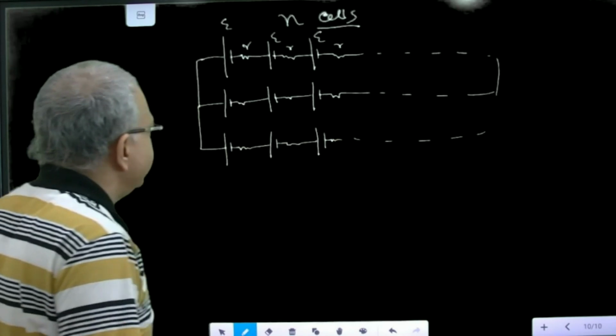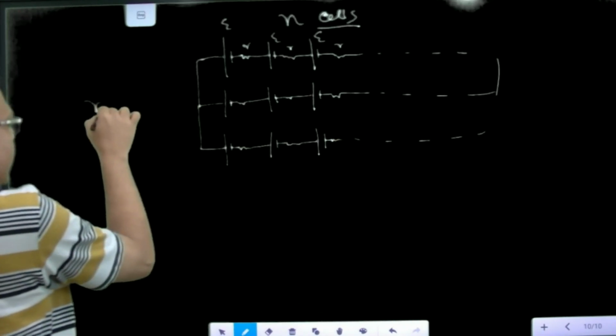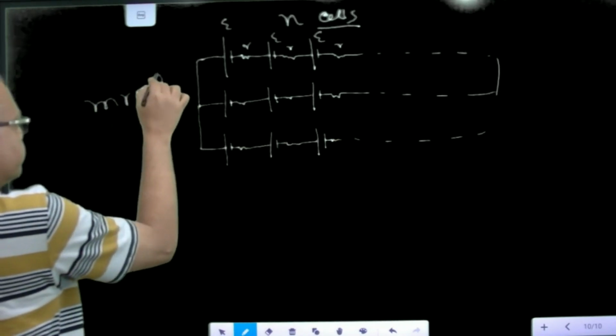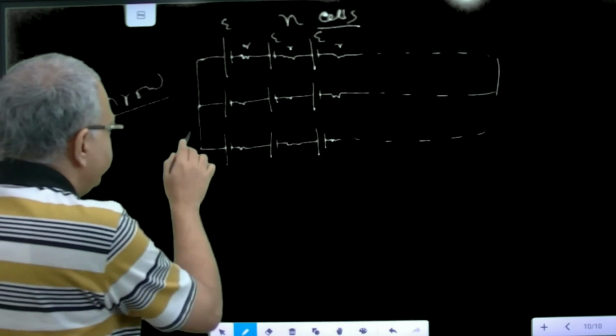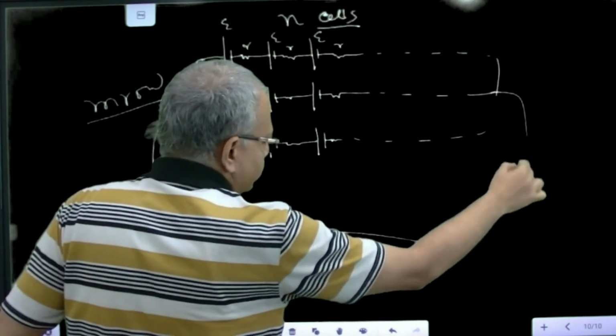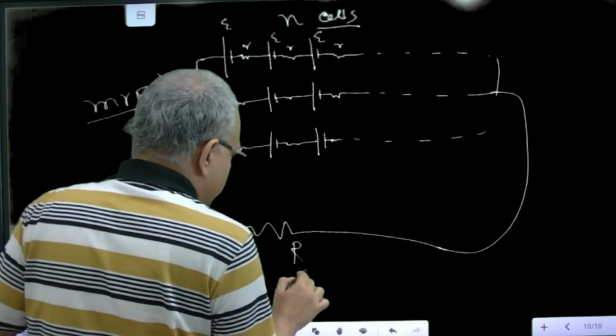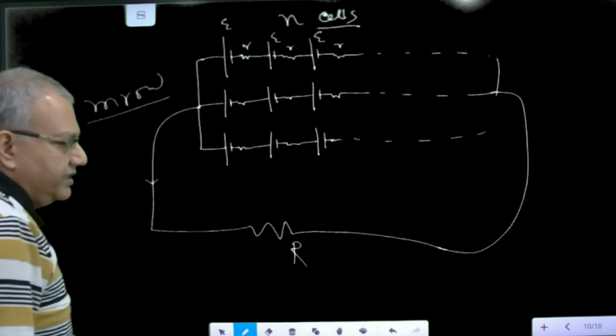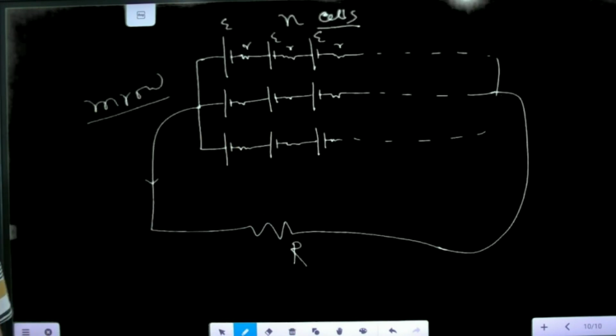In this way, I can have M rows, and with it, an external resistor R is going to get connected. So we have to find the current.